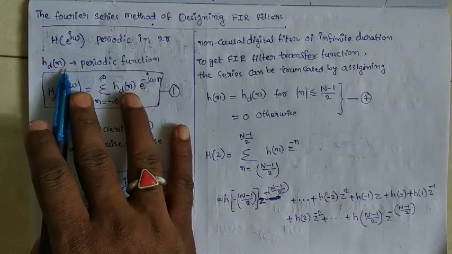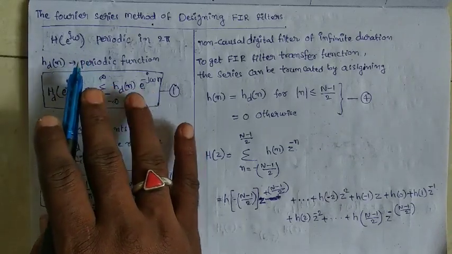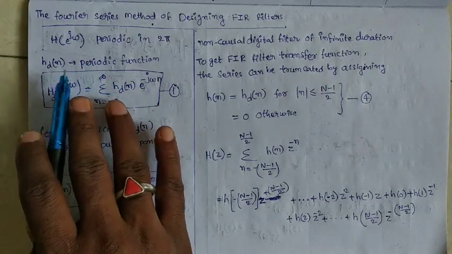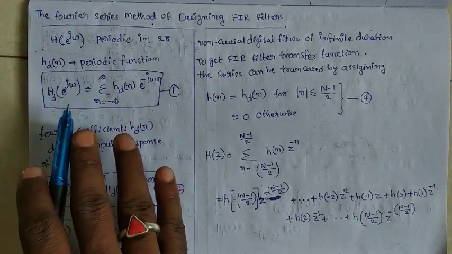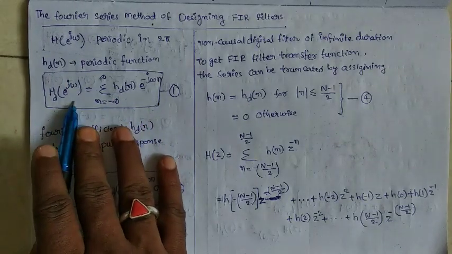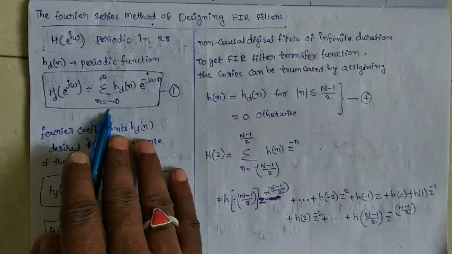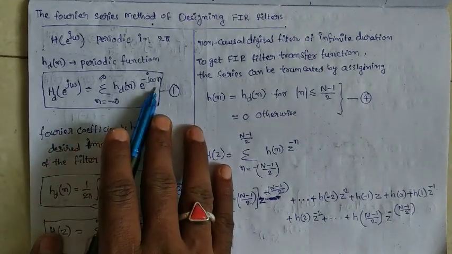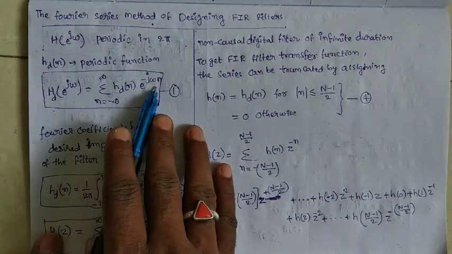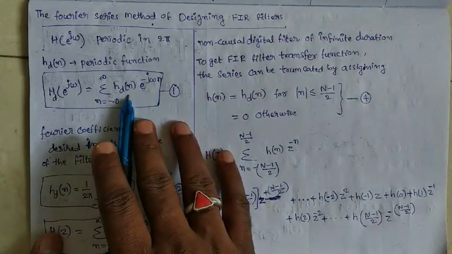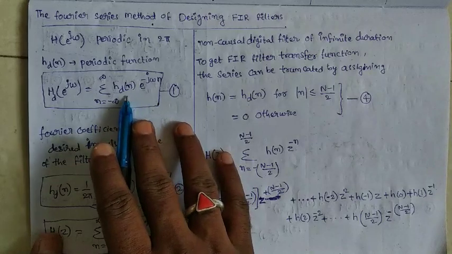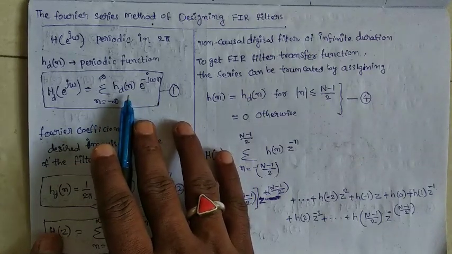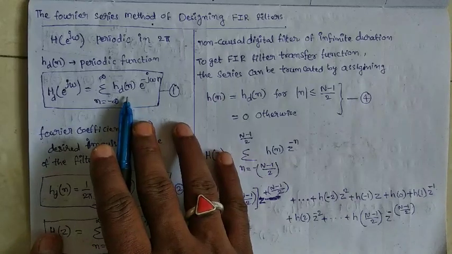Now we obtain the desired frequency response of the FIR filter, which can be represented by the Fourier series. Hd of e power j omega is equal to the summation from n equals minus infinity to infinity of hd of n into e power minus j omega n. Here hd of n is the Fourier series coefficient of the desired impulse response of the filter.